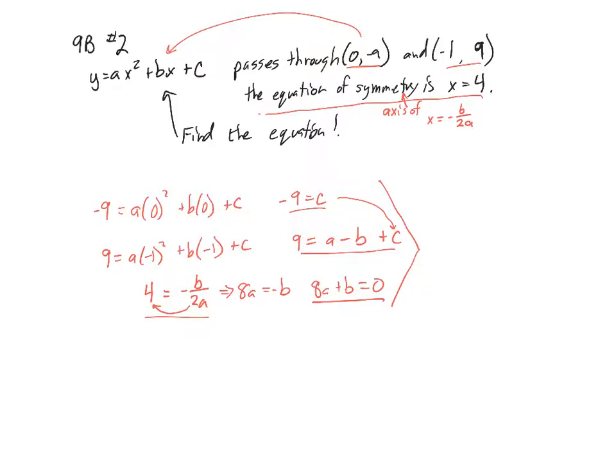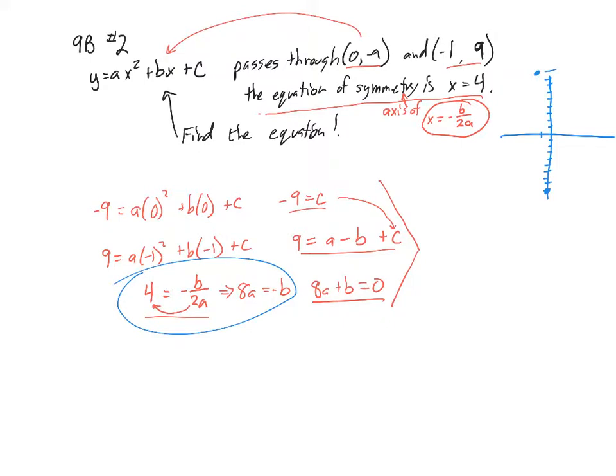Now, what if we didn't remember this x equals -b over 2a thing, this axis of symmetry thing? Is there anything else that we could have done other than this last equation? Well, yeah, sure. If you think about it, this graph gives us 0, -9, which would be that point right there, and it gives us -1, 9, which would be up here, and then it gives us the axis of symmetry.